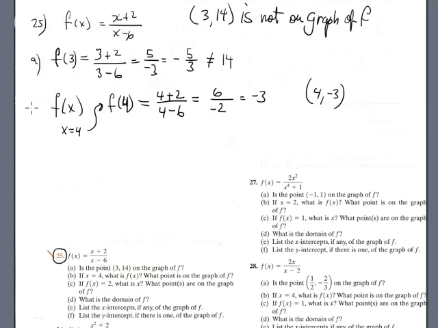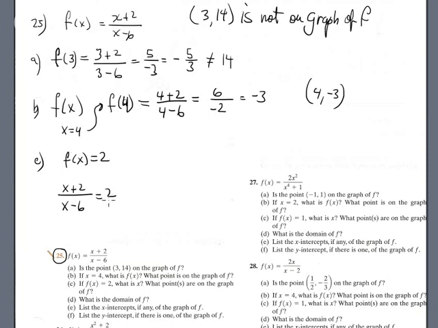This is the equation, and this equation is f of x equal to 14. What is the value of x? Now you set up the equation: (x plus 2) over (x minus 6) is equal to 14, and you solve this equation.